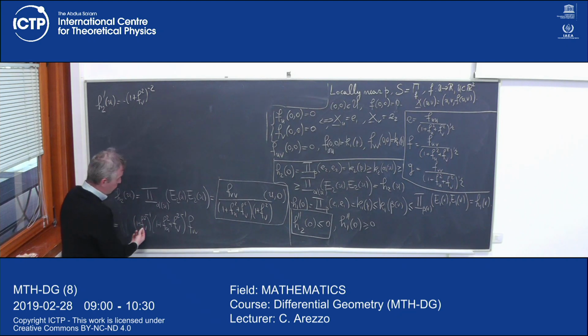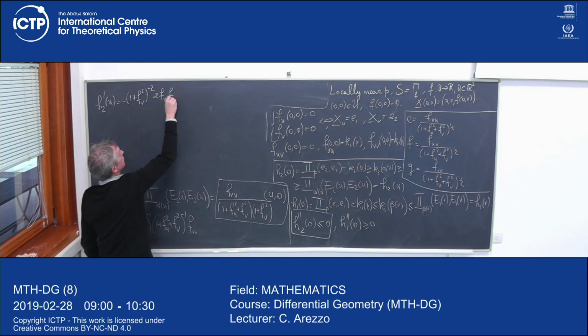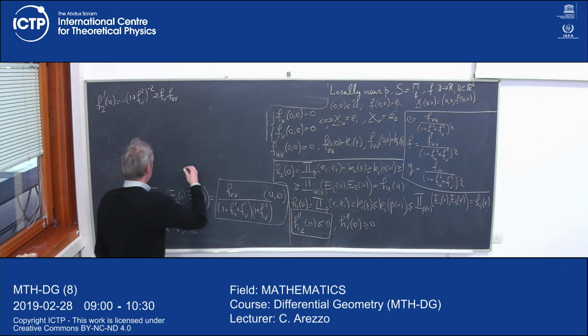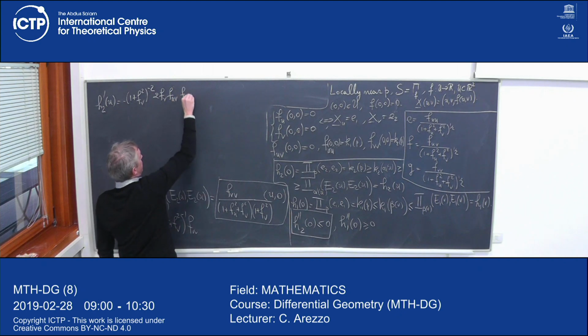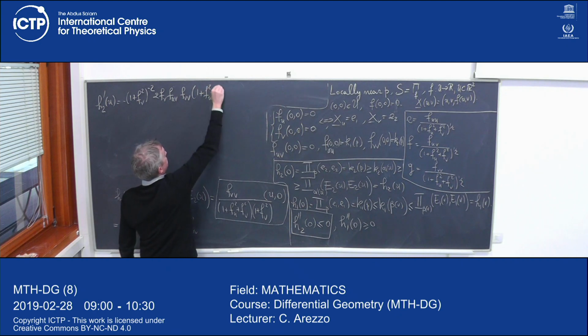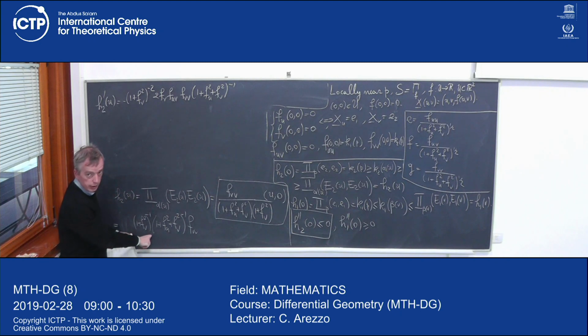So this becomes 2 fv fuv. Okay? Times everything else. Times fvv times 1 plus fu squared plus fv squared to the minus 1, and I've done only this one. Okay?